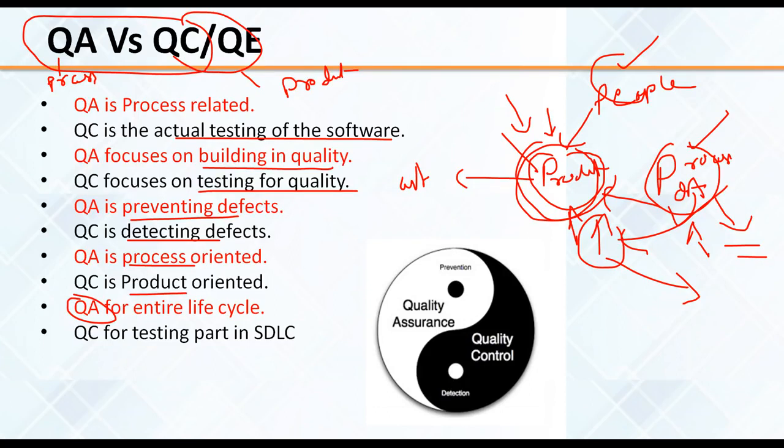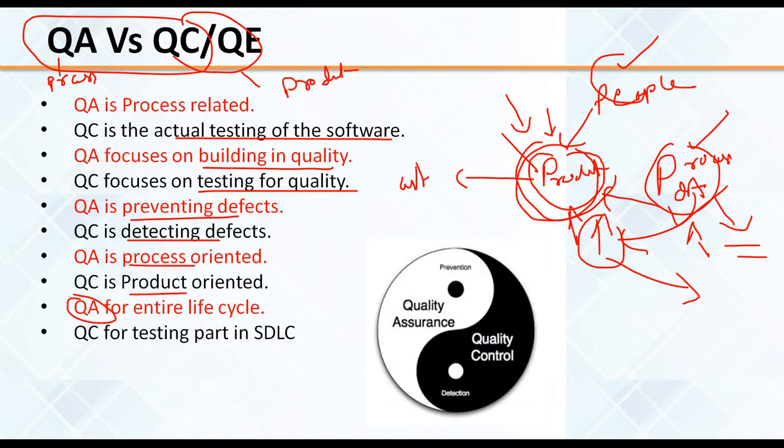Right? But why are people calling it QE? Nowadays people are also doing automation. They are engineering, quality engineering. Previously people were saying software engineer. Why do they call it software engineer? Because they are engineering. Engineering means developing something new. So people are called software engineers. Nowadays testers also engineer the code.